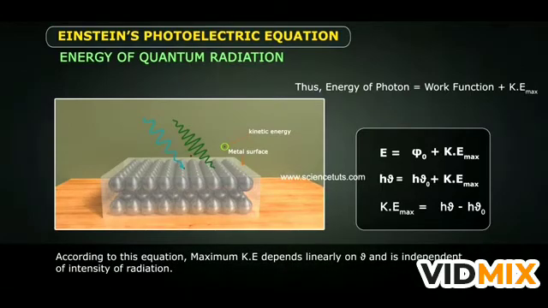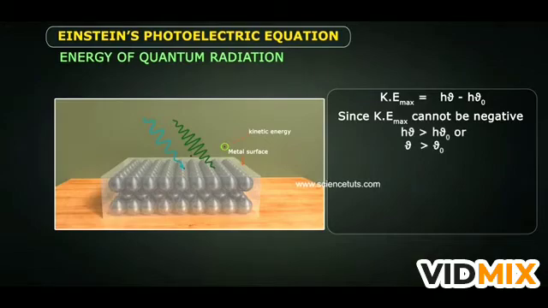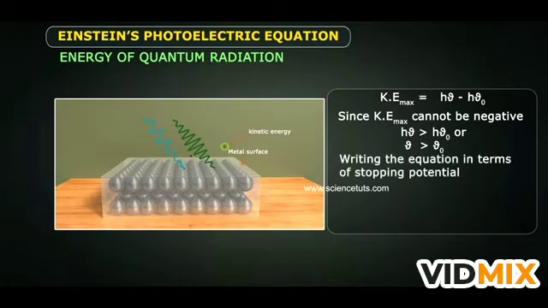According to this equation, maximum KE depends linearly on nu and is independent of the intensity of radiation. Since KE max cannot be negative, h nu must be greater than h nu naught, or nu greater than nu naught.